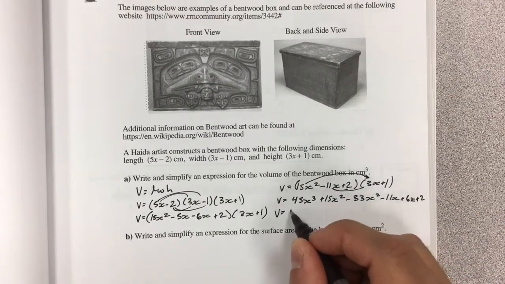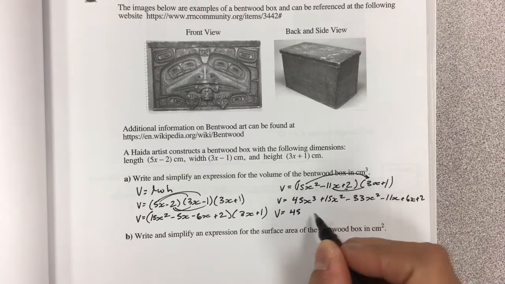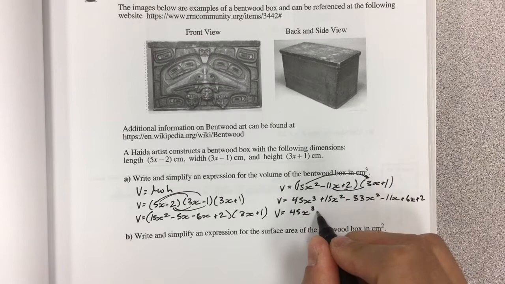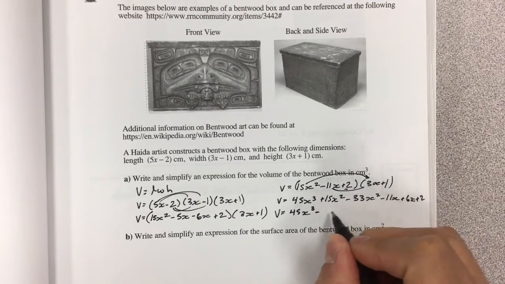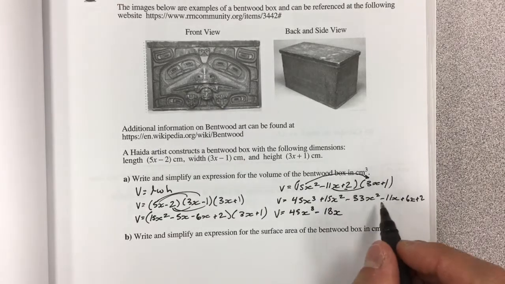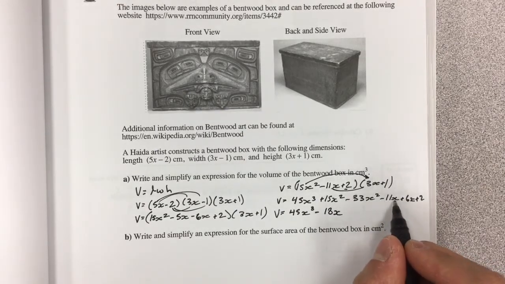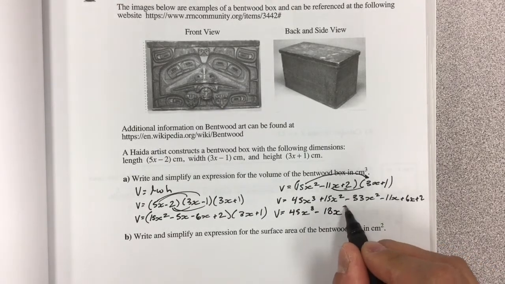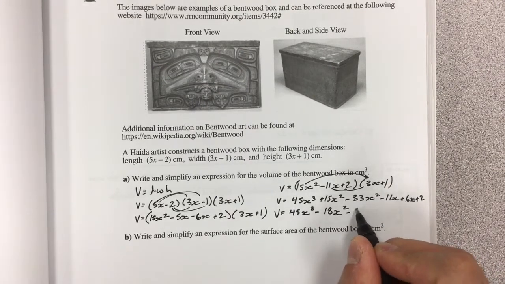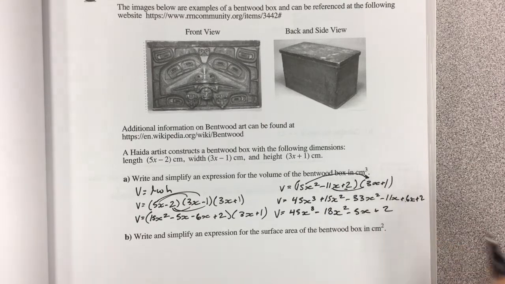So if I simplify this, I get 45x cubed. And then I have minus 18x squared. And then I have minus 11x plus 6x. We're going to have minus 5x plus 2.